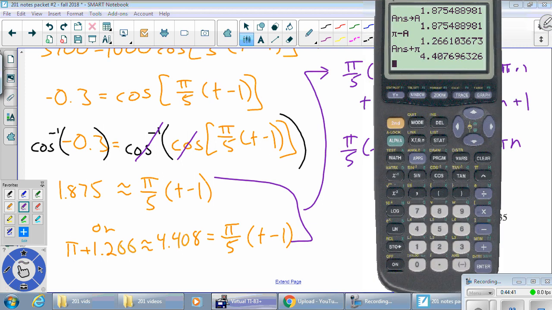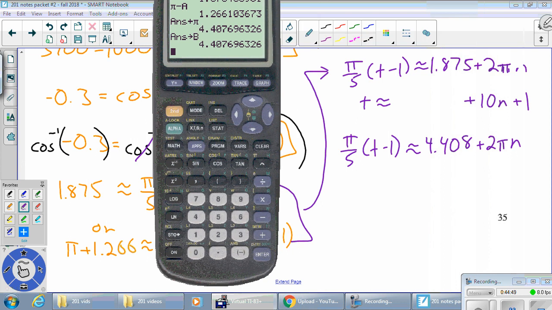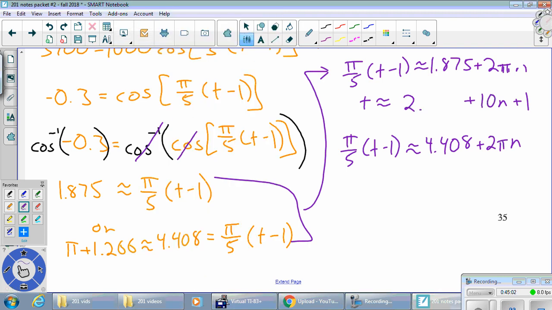I'm actually going to store this as b, so we don't have to retype it. So 5 over pi times the 1.875. Okay, 2.98, good enough. And then the plus 1 makes it a 3.98.